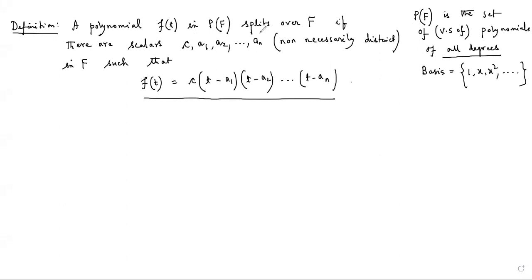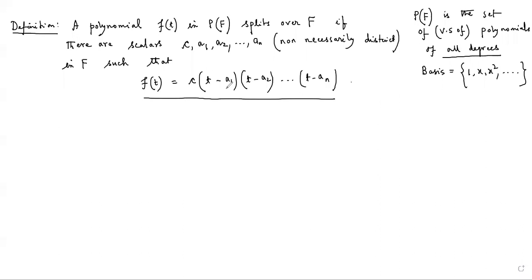When we factorize something, this factorization is a kind of splitting of the polynomial into several factors, and that splitting is done with respect to the scalars chosen from the field. Now if a polynomial can be factorized, we have to keep in mind in which particular field this factorization is possible.